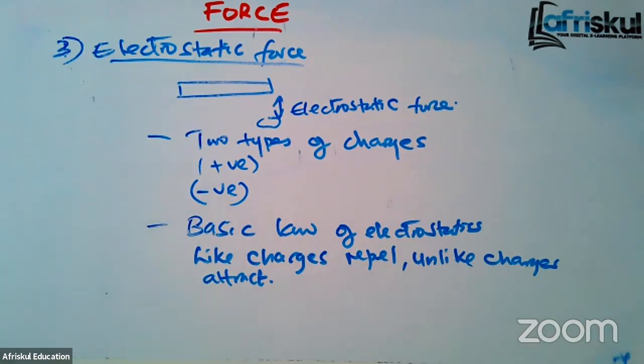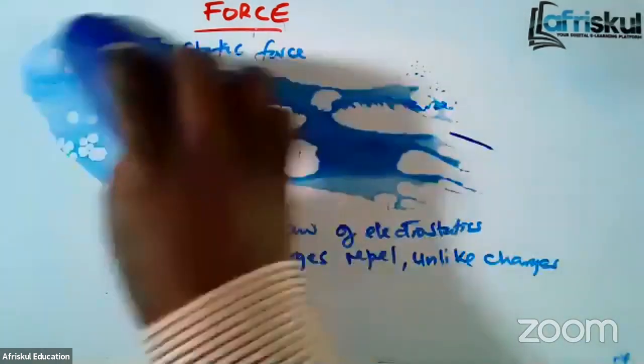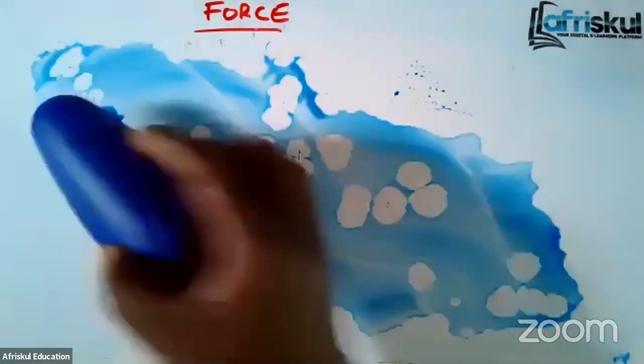And then still continuing with the types of forces, we have another force that we call upthrust. Again, this is something that has to do with experience. You find that when you try to lift up something that is inside liquids, like say water, it is much easier for you to lift up.